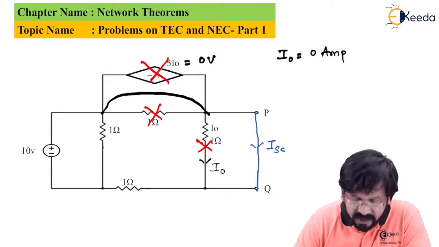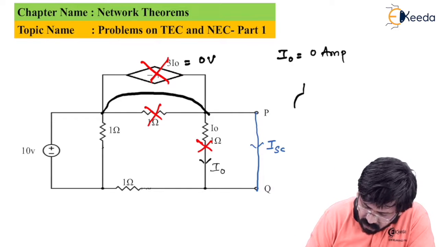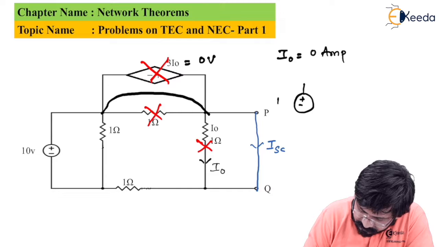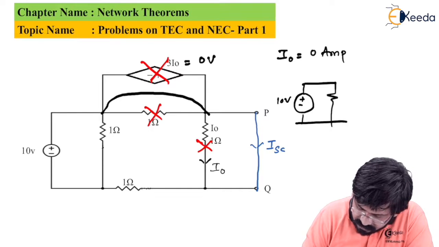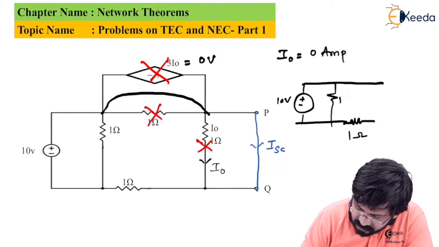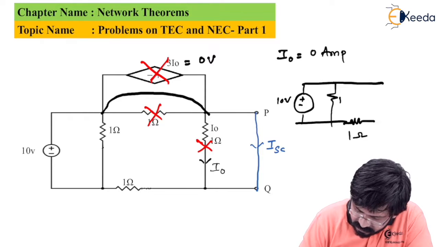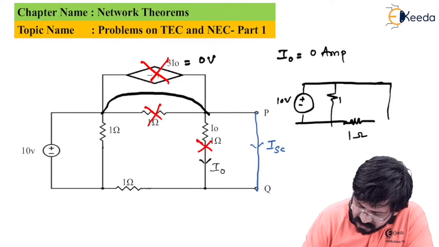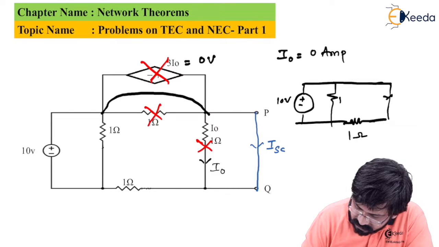Now whatever remains, what do we get? We start with the 10 volt battery. After that, across it we have a 1 ohm resistance. Below this we have one more resistance, 1 ohm. The above resistance is neglected, replaced with a short circuit. This resistor is also short circuited, and thereafter we have a short circuit through which ISC current is flowing.